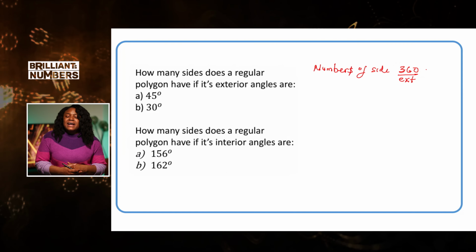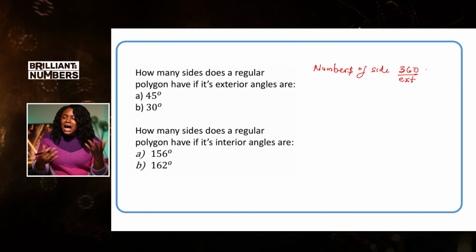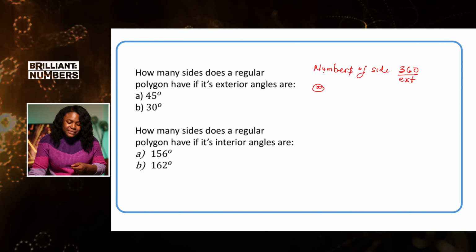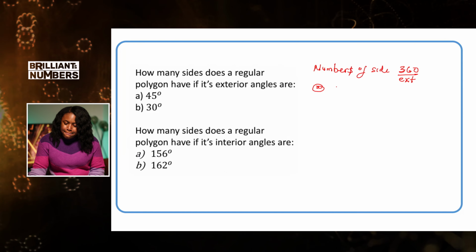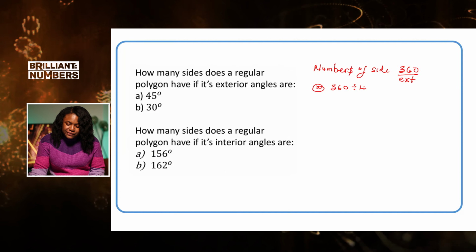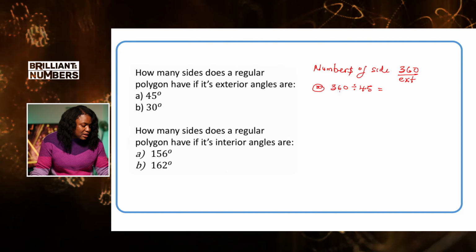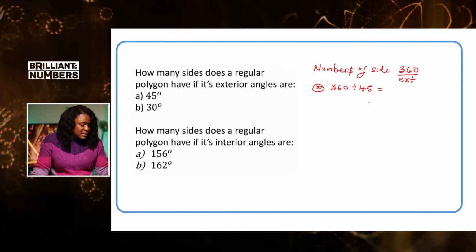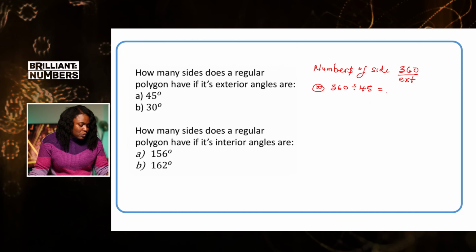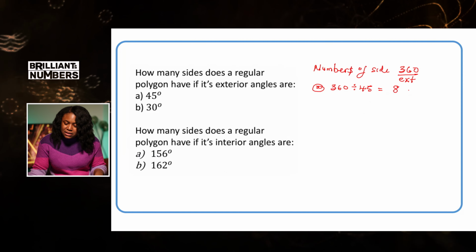Once we divide an exterior angle into 360 degrees, it tells us how many sides the polygon has. The first one, A, is 45 for the exterior angle. Therefore, 360 divided by 45 will tell us the number of sides. We put that in our calculator again. 360 divided by 45 gets us to 8. So the answer is 8 sides.